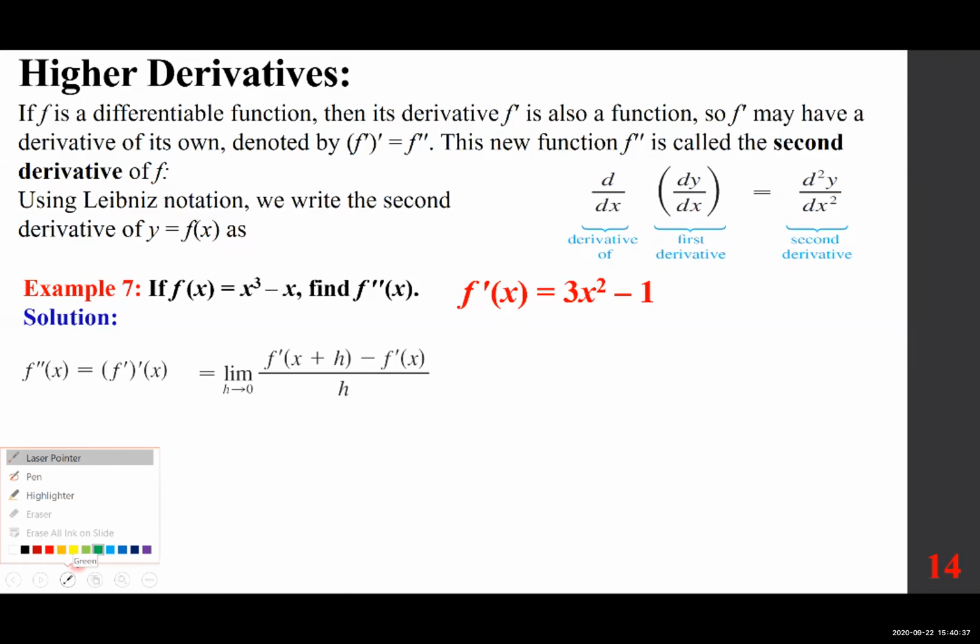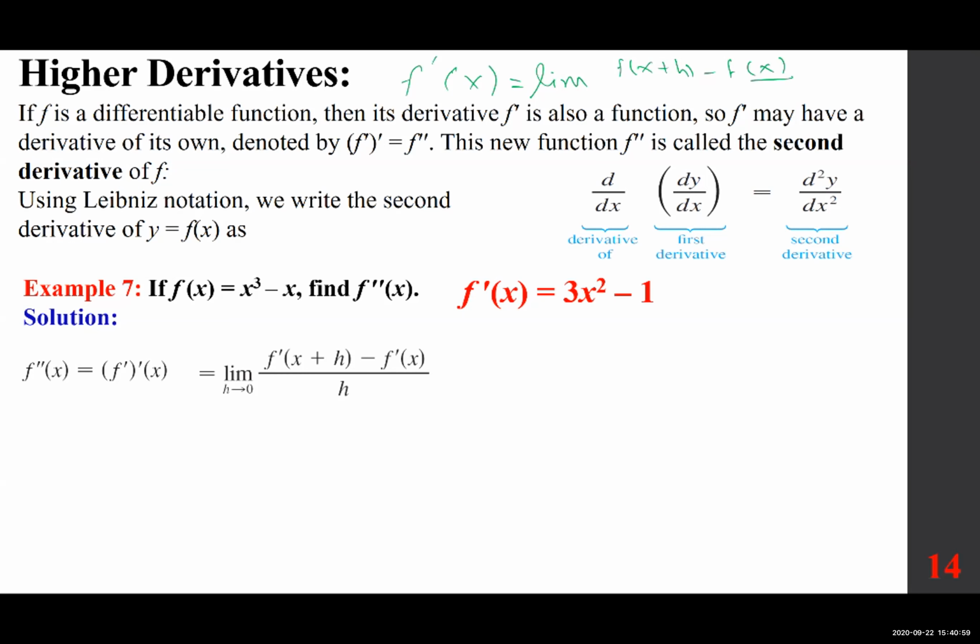You know this, but for the sake of argument, remember f prime of x. What is f prime of x? F prime of x is the limit of f of x plus h minus f of x over h as h approaches 0, right?